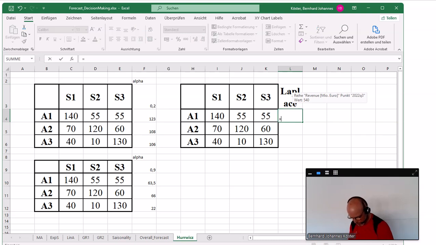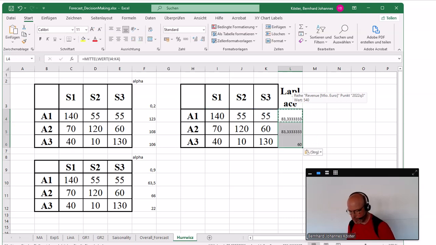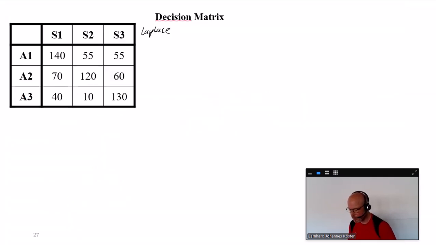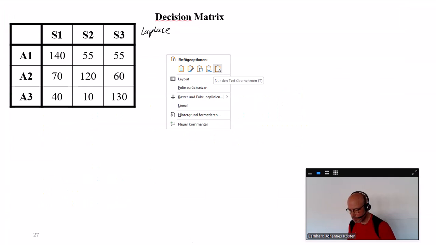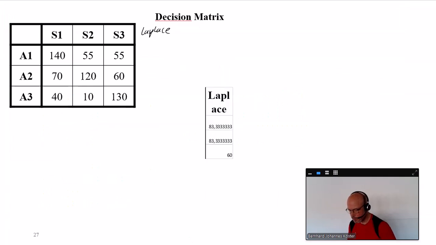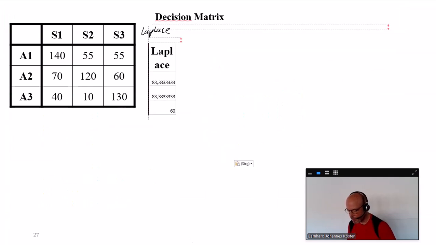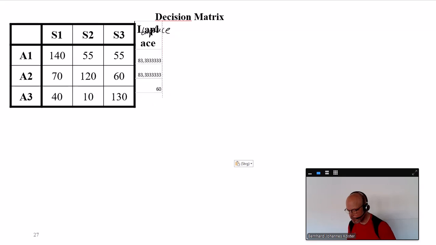It is then just the average of these three.